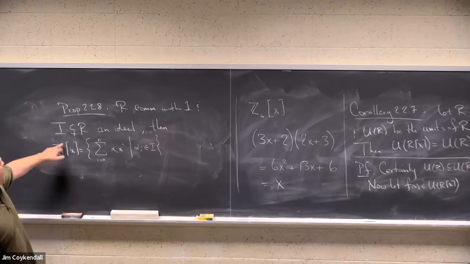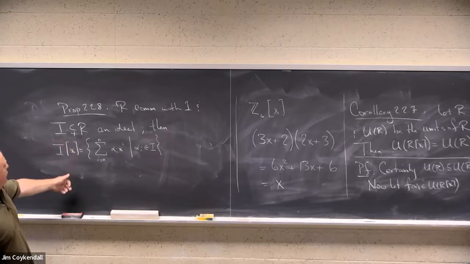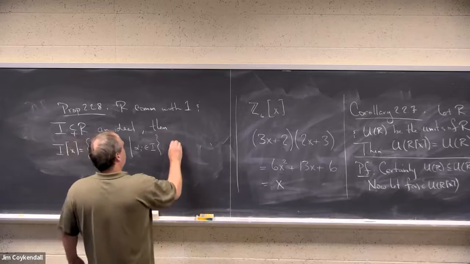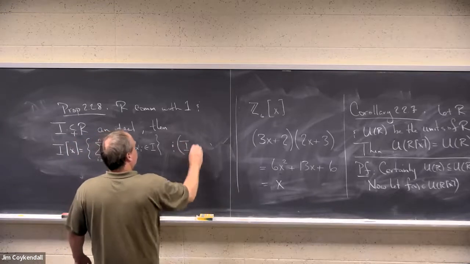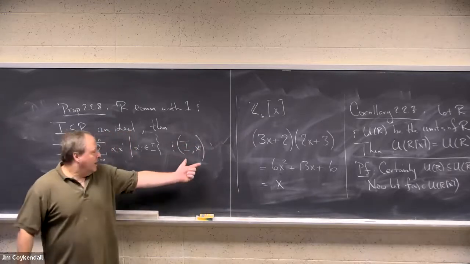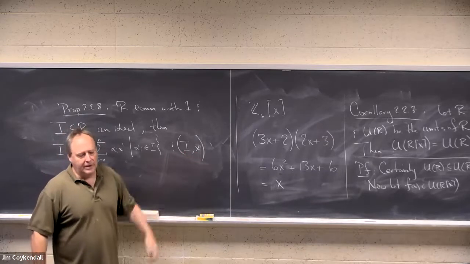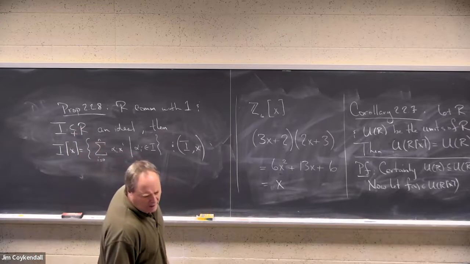So for example, if I is the ideal generated by 2 in the integers, this would just be all polynomials with even coefficients. And (I, x) is, of course, the smallest ideal in R[x] that contains all the elements of I and also the element x. Are ideals.